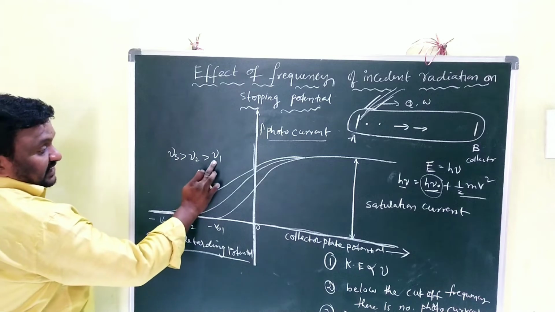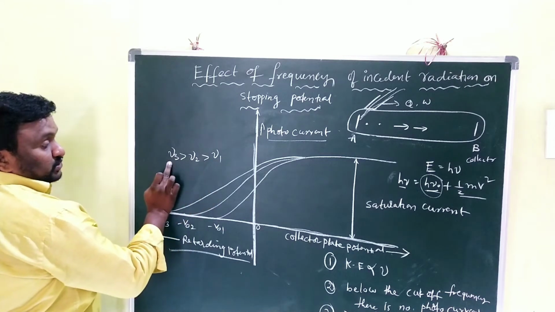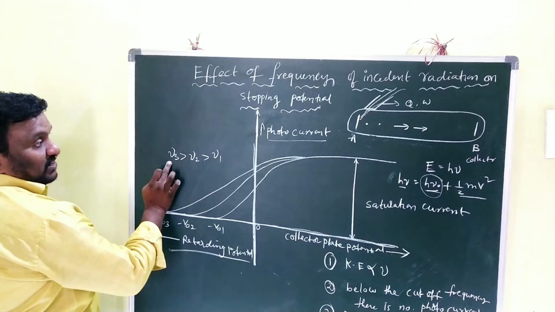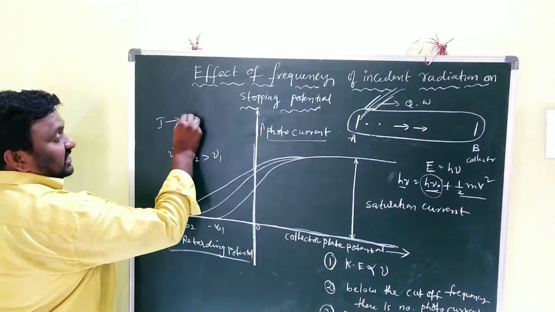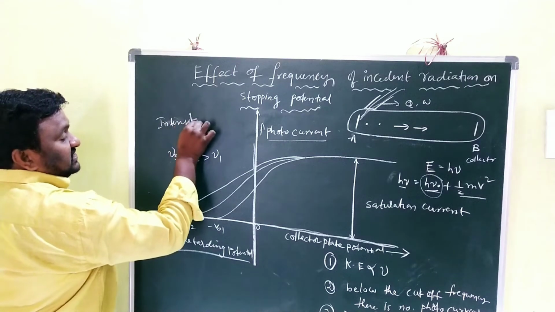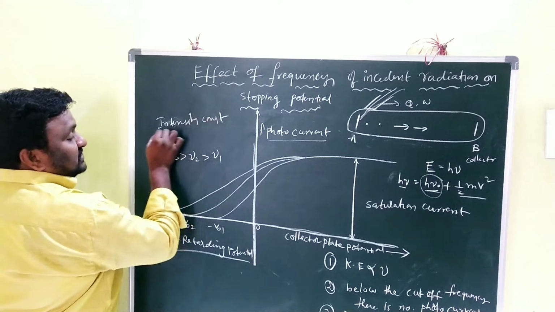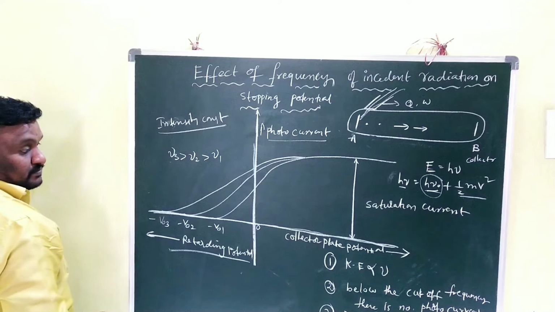Here what I am going to say is nu1, nu2, nu3. We are not saying I1, I2, I3 like that. That means in this case the intensity is constant. For the same intensity of light, we have different frequencies.